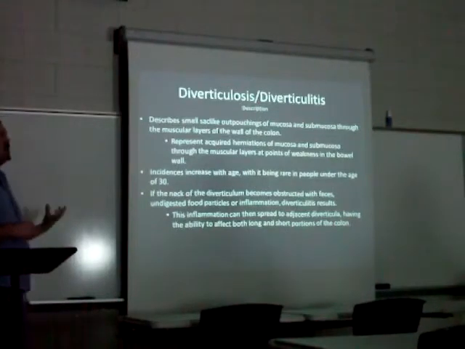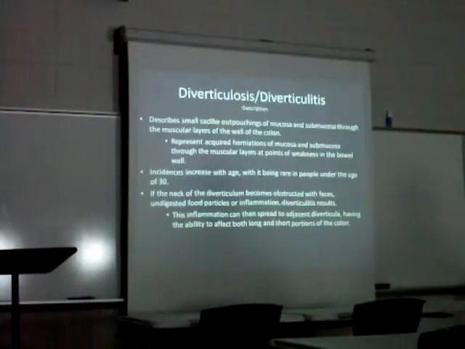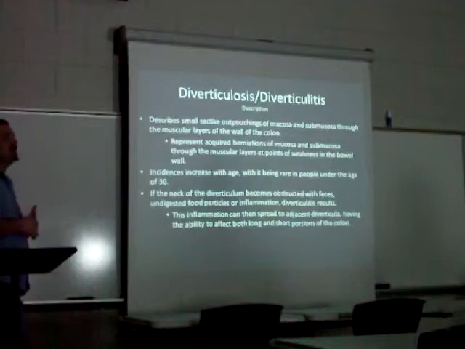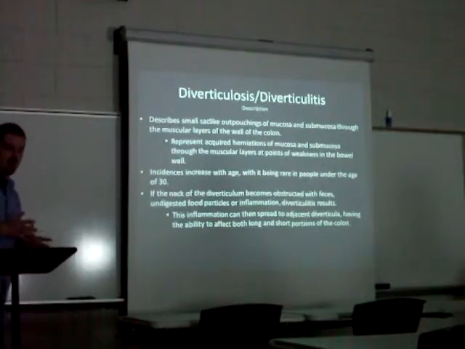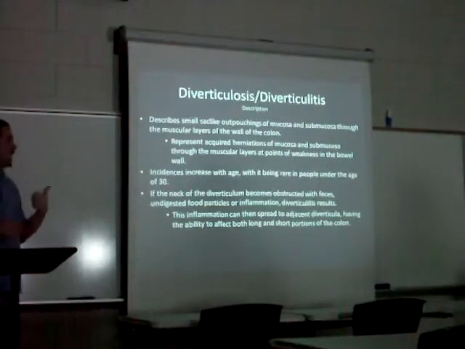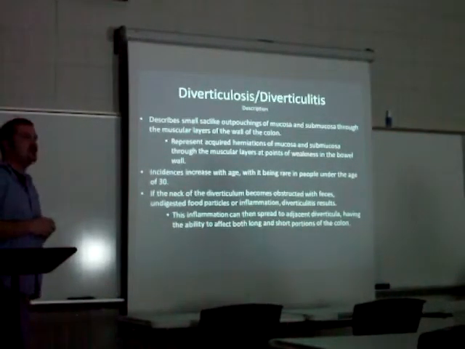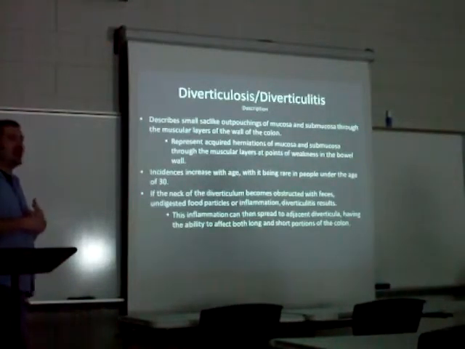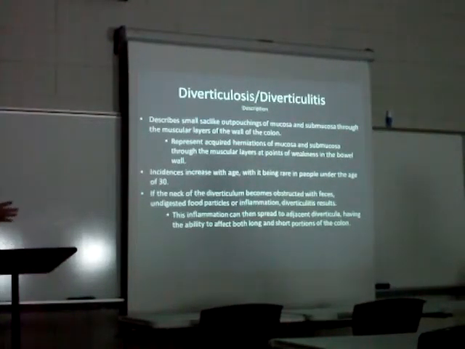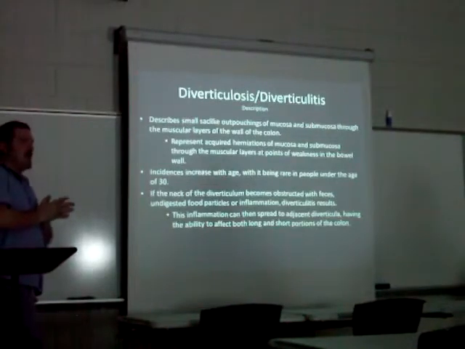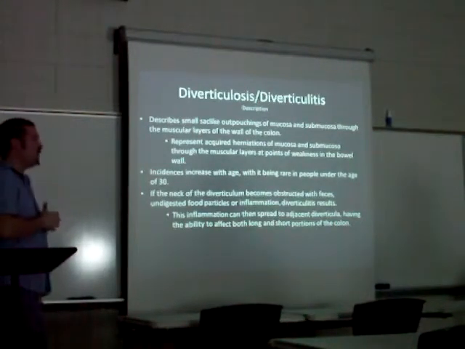If you want to think about this, the way that I would tell you to think about it is that it's like a hernia. When you have a hernia, your intestines kind of push out through the abdominal wall. And when you have diverticulosis, the mucosa and submucosa kind of herniate. They push out of the muscular layer of the intestines and create these little pockets outside of the intestine.